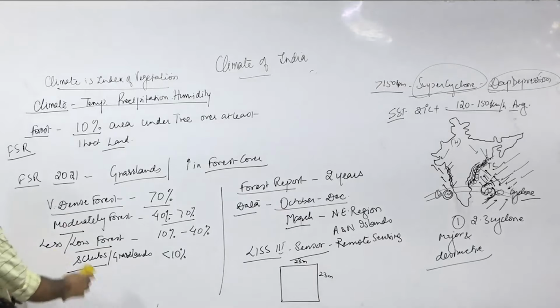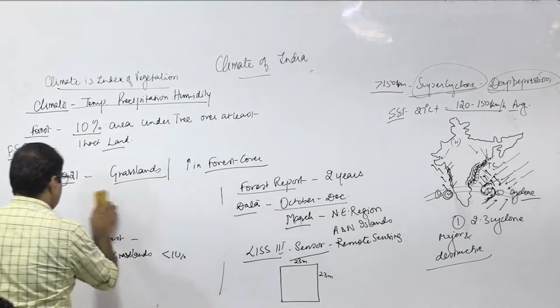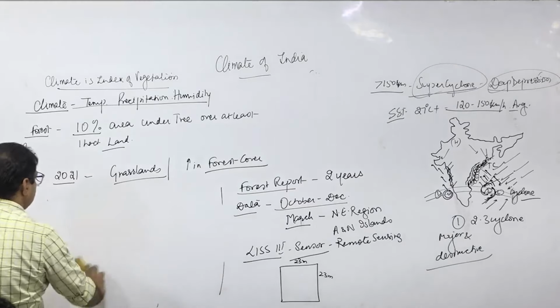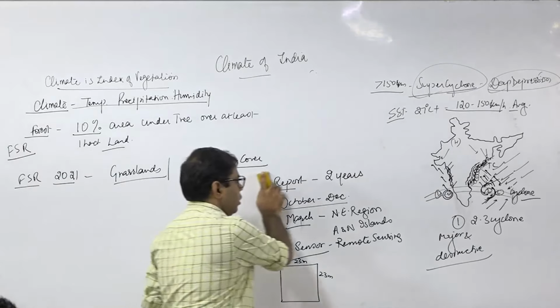So there is a process of assessing forest cover in India, right. On the basis of this forest cover, India has the largest cover of tropical forest.